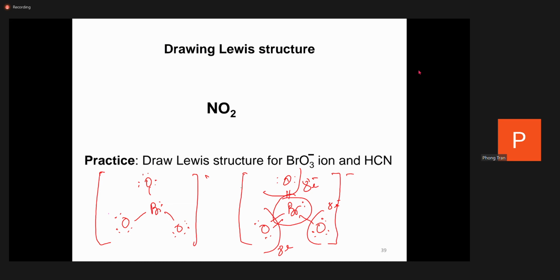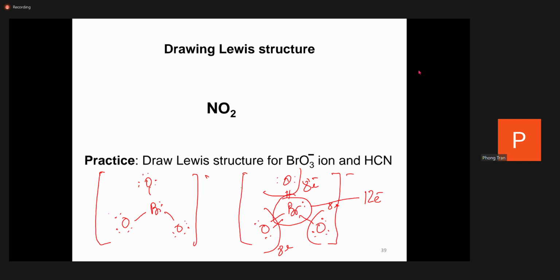So you have 4 plus 4, so in total 12 electrons. Is it correct? No. Why? Because it can have 12 electrons around the bromide. But by this structure, you will have this one. If you draw the structure like this, you will have this one.